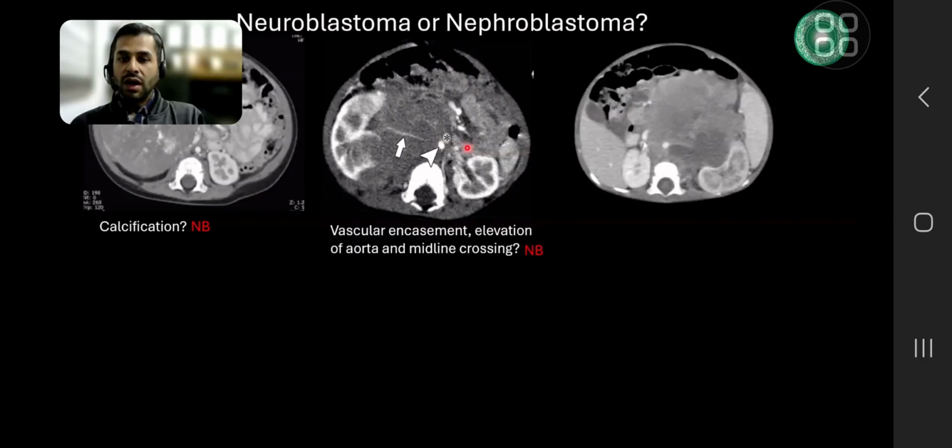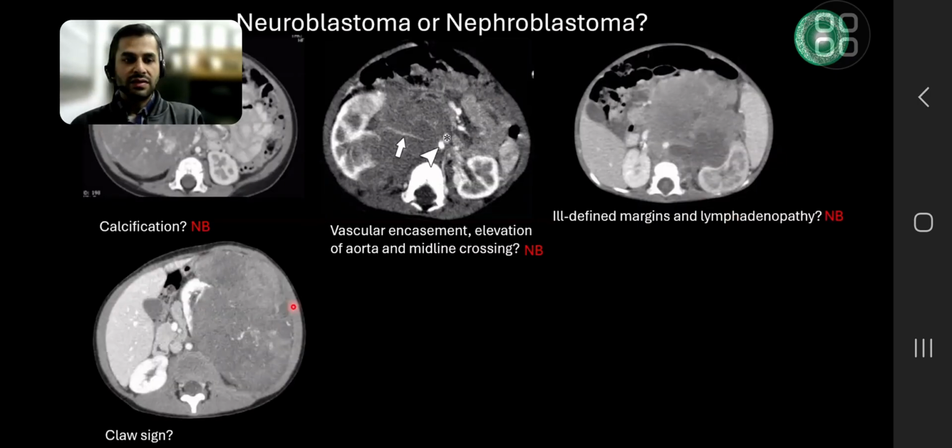If the tumor has ill-defined margins and if there is retroperitoneal lymphadenopathy, again, that favors a neuroblastoma. When the claw sign is present, it gives us a clue to the renal origin of the tumor, and that favors a Wilms tumor.